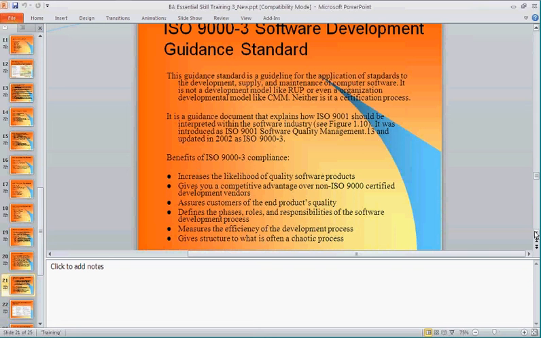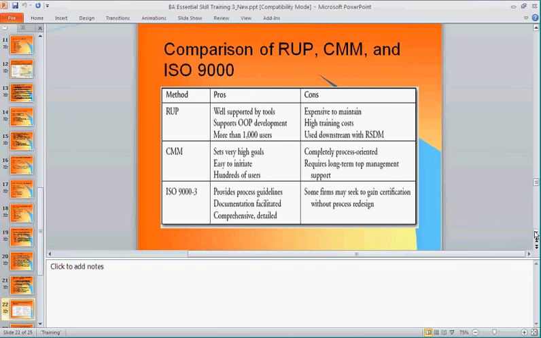Okay? So do you see the difference between CMM and ISO? All right. So this is what, Srinivas, this is what you were asking for, right?